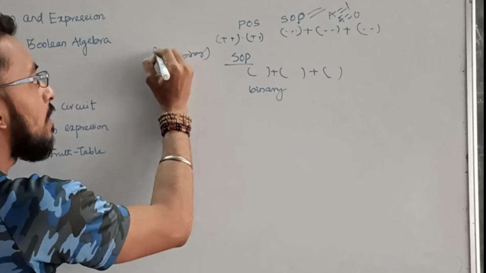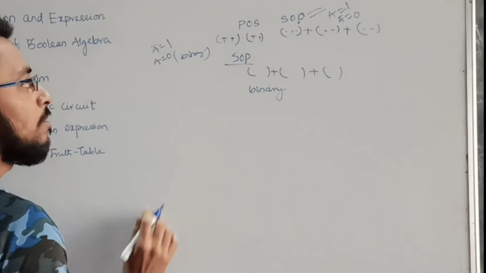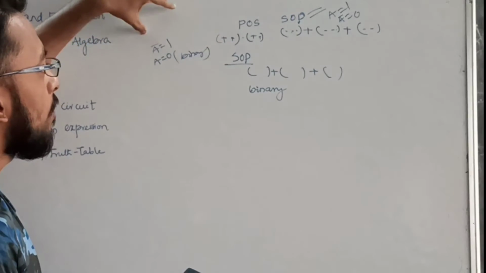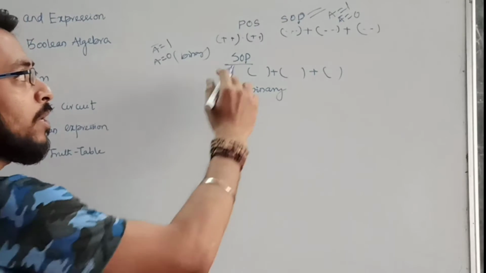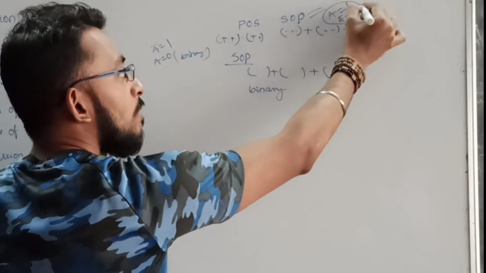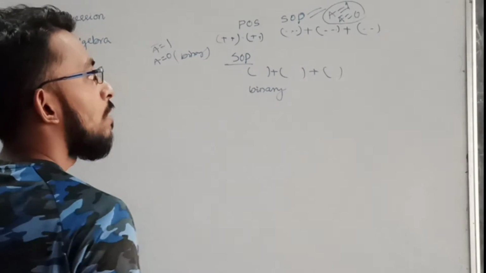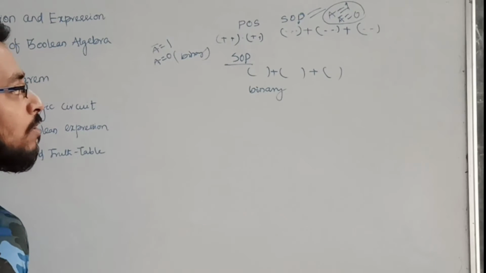For POS, A bar means 1 and A means 0. Because for POS we are looking for what value of input the output is 0, and for SOP we are looking for the output to be 1. That's why for SOP, A means 1 for binary representation and A bar means 0. And for POS, A bar is nothing but 1, A is 0.